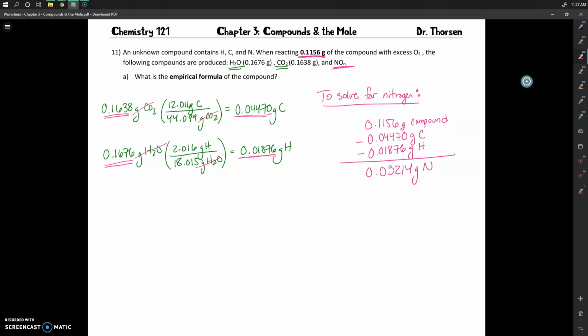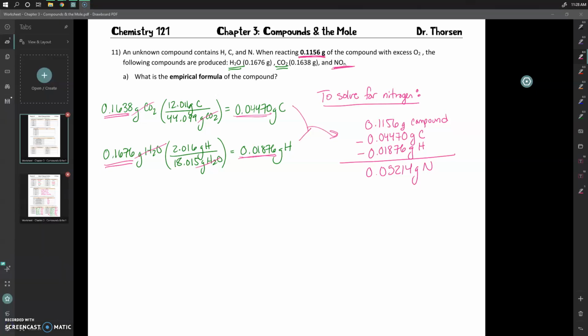So notice that's what I'm doing here for nitrogen. I'm starting with the 0.1156 grams of the compound, and I'm subtracting out the masses of carbon and hydrogen that I've now determined from here, right? These are going in over here. And what I'm left with should be the mass of the compound that's due to nitrogen, because that's the only other element that is contributing mass to this compound.